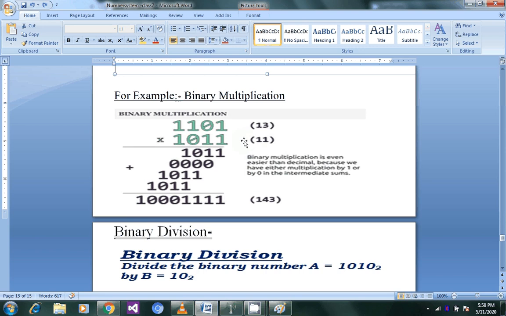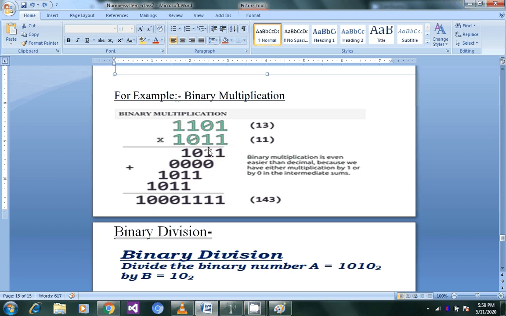Here you see binary multiplication. 1 multiplied by 1 gives the result 1. 1 multiplied by 0 gives the result 0. 1 multiplied by 1 gives the result 1, and 1 multiplied by 1 gives the result 1. So 1 1 0 1, as it is given.